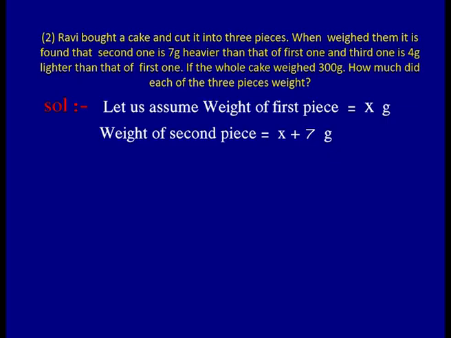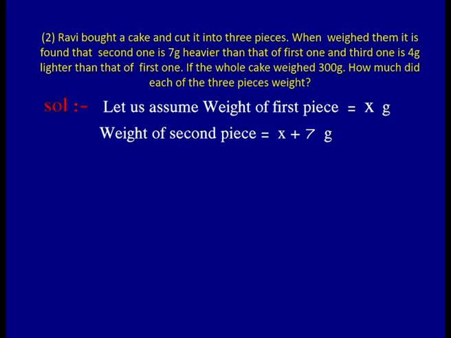Means, for example, if the weight of the first piece is 10 grams, then according to the given question, the second will be 7 grams heavier, therefore it becomes 10 plus 7. But here the weight of the first piece is not given, so we took it as x grams.